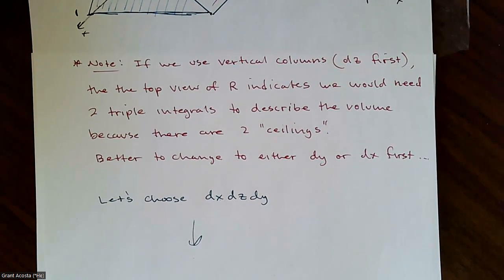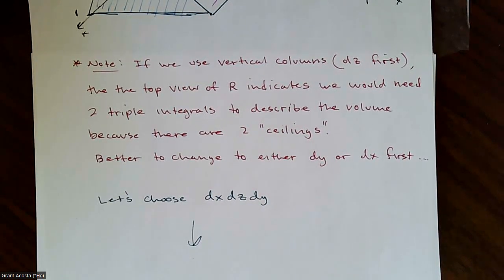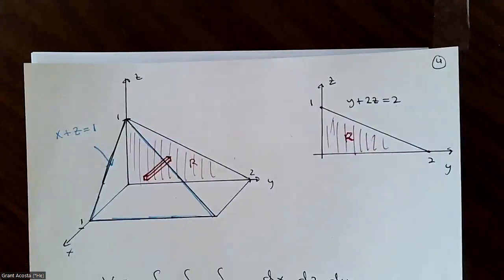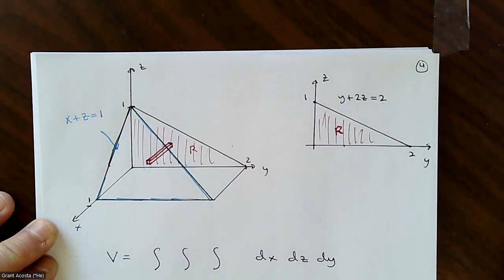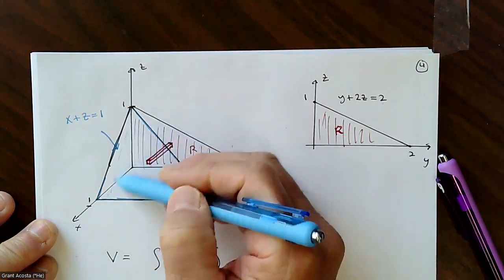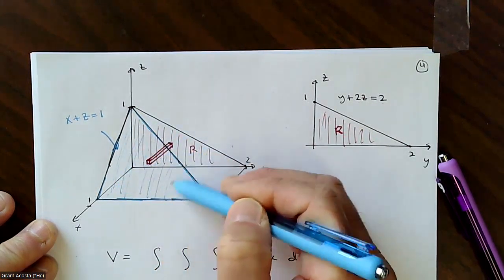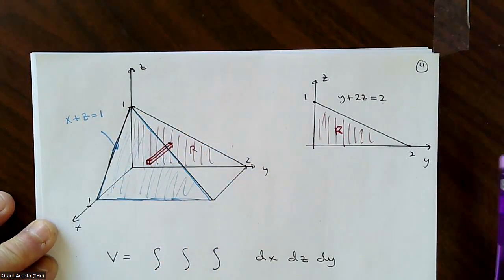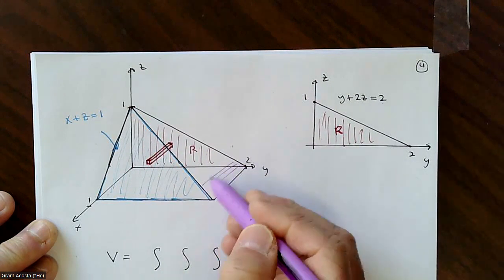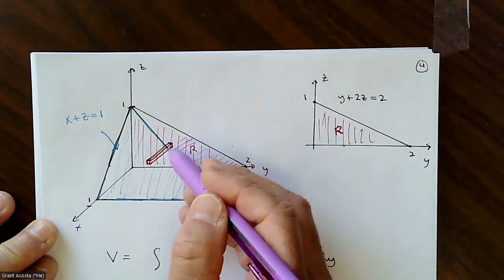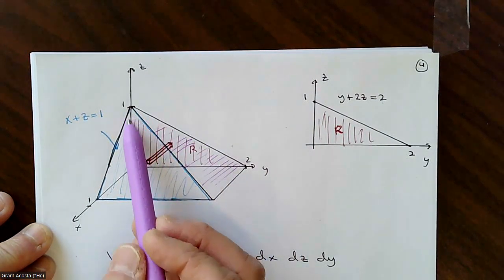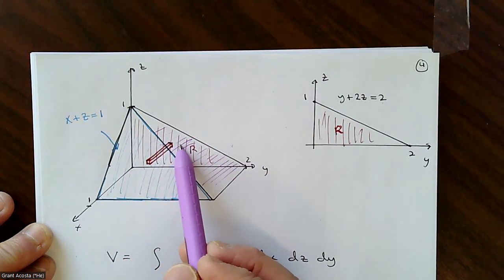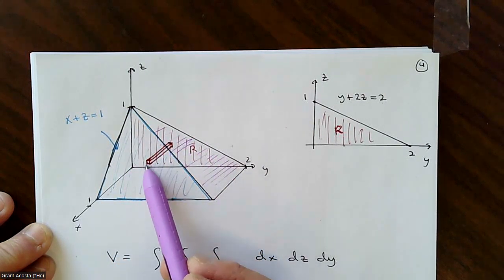So what that would look like, here's my same solid. This was my x plus z equals 1 right here. And the other one is right here. If I'm going to do dx first, then I'm going to think for a particular y and z value, something in this back triangle right here, what would x vary from?